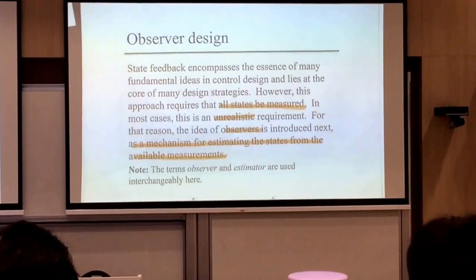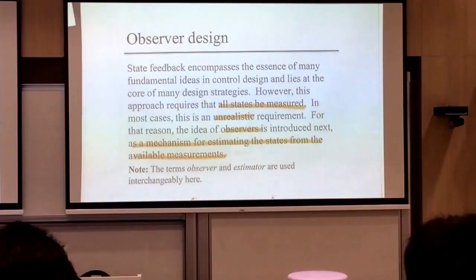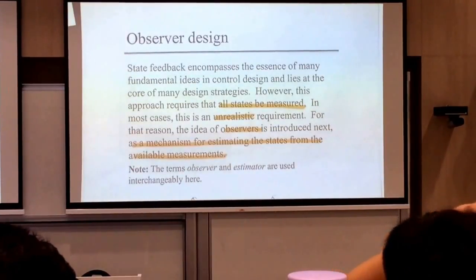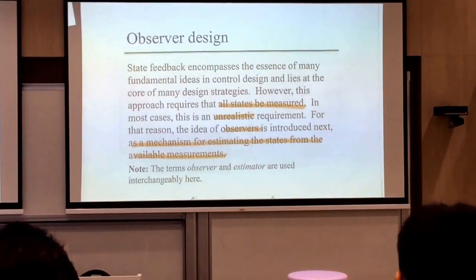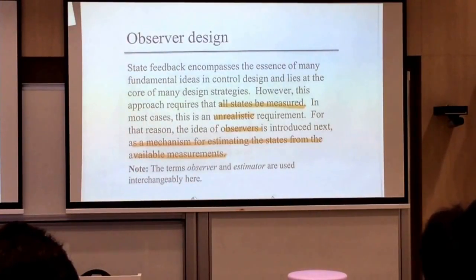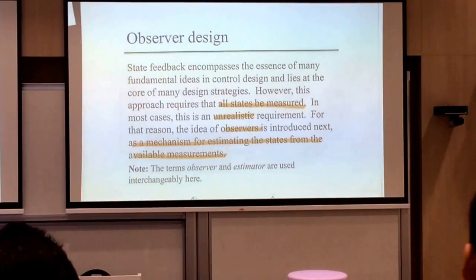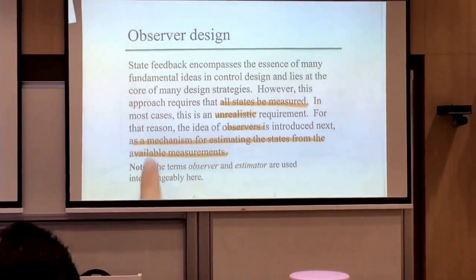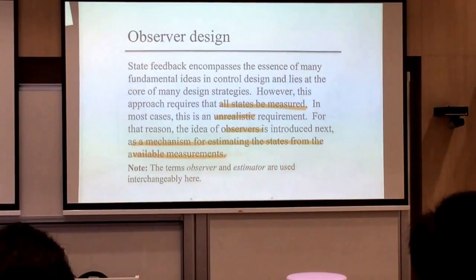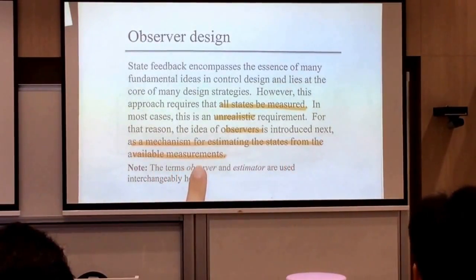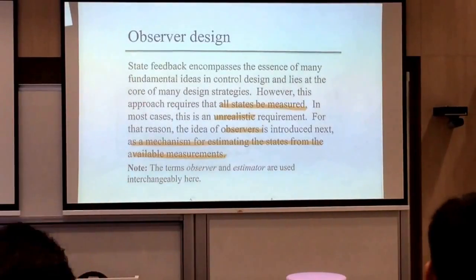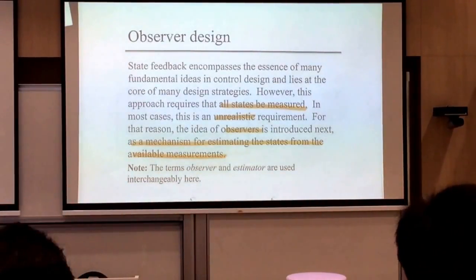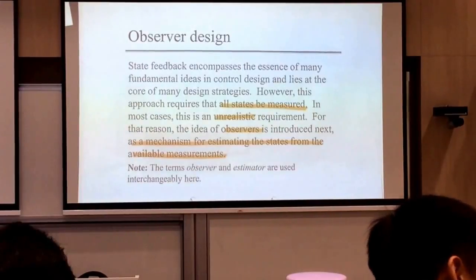In a chemical plant or boiler, you are not able to measure certain parameters because it's unsafe to do so, or there are no sensors available. So you need to infer from the output. For this reason, we introduce the idea of observers: a mechanism for estimating the states from available measurements. Sometimes we use the term observer, sometimes estimator, because the observer is just an estimator.